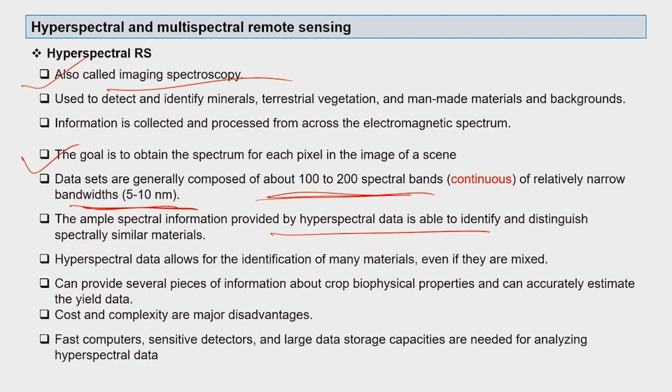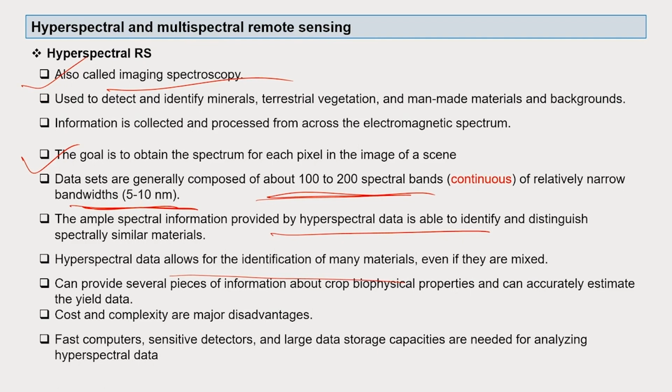That's one good thing. It also allows identification of many kinds of materials even if they are mixed with one another, say minerals under soil. Even if there is some mixing, hyperspectral can differentiate these minerals.